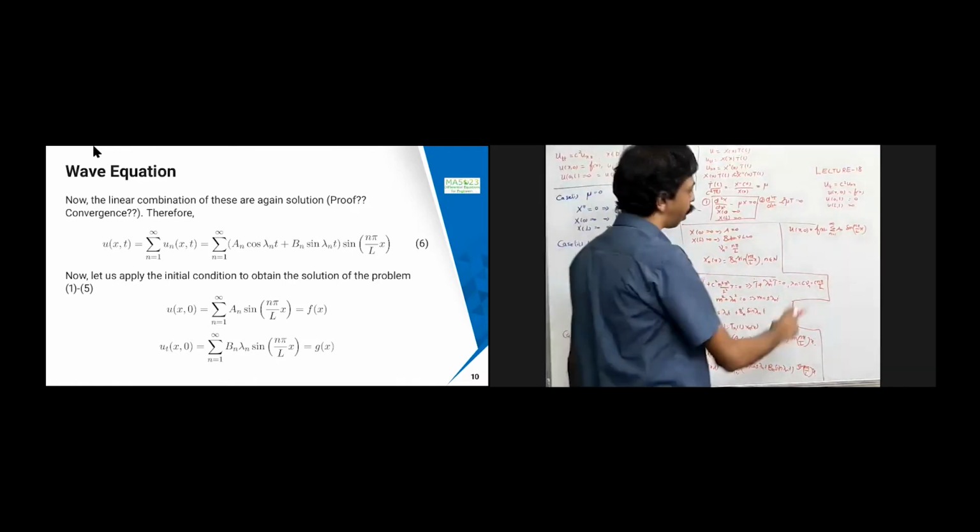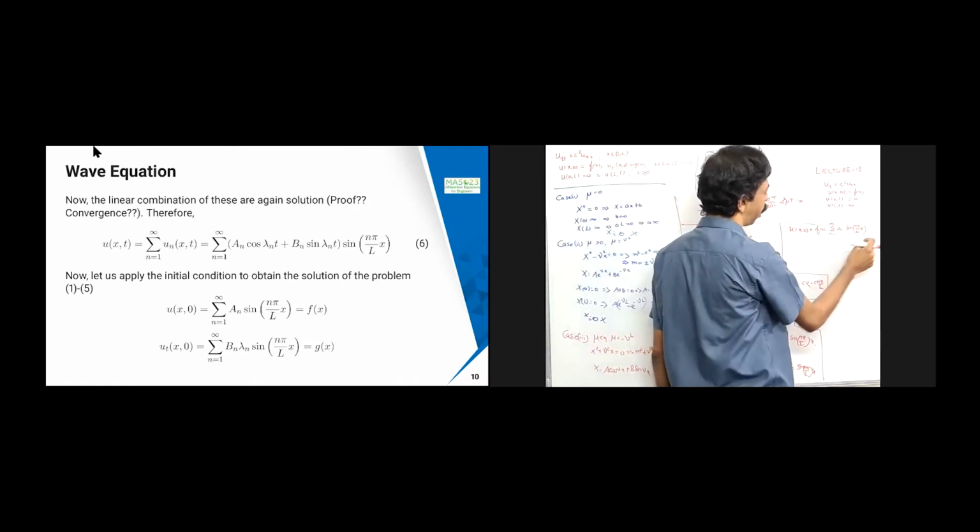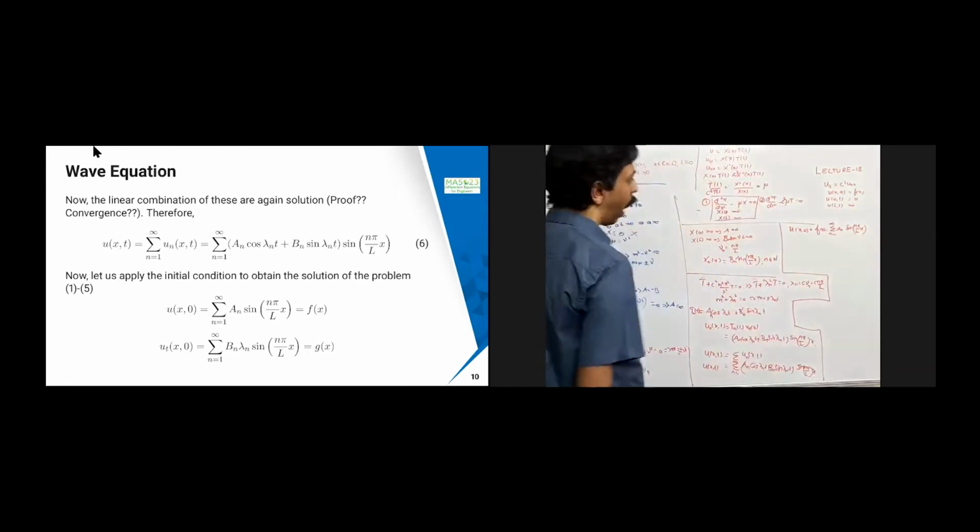Since f of x equals this summation, it is nothing but a Fourier sine series, so I can just get the answer for this one.